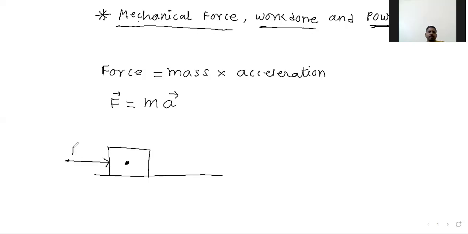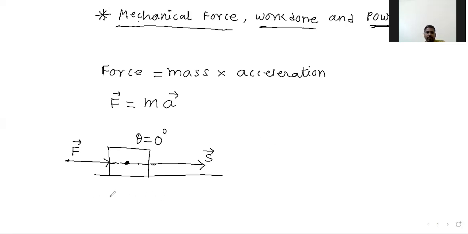So this is the force vector and displacement of this block in the direction of force. So this is the displacement vector. Now the angle between force vector and displacement vector is 0 degree because the direction of force and displacement are the same and they are acting along the same line of action.